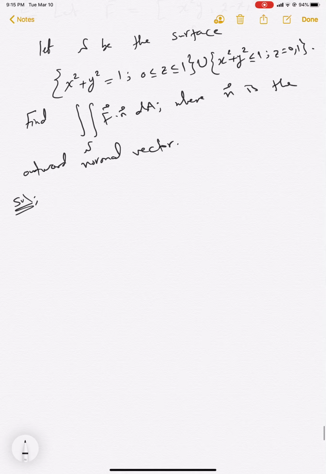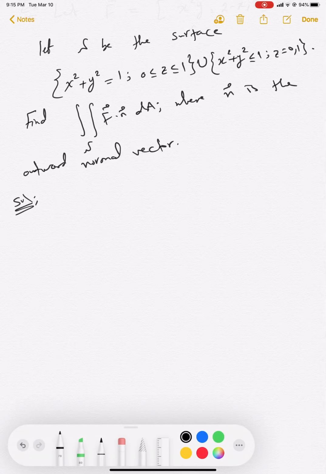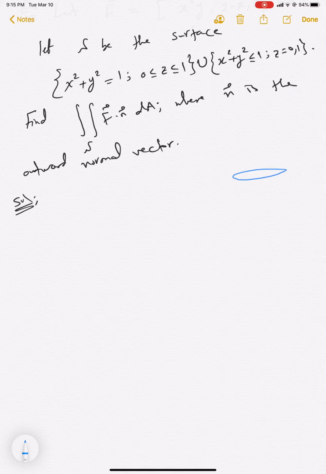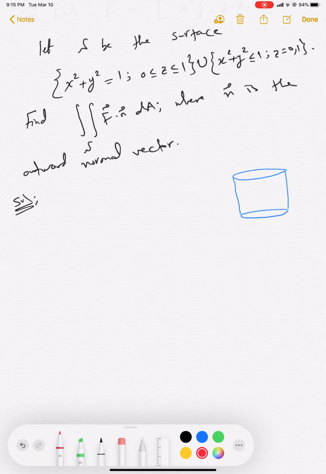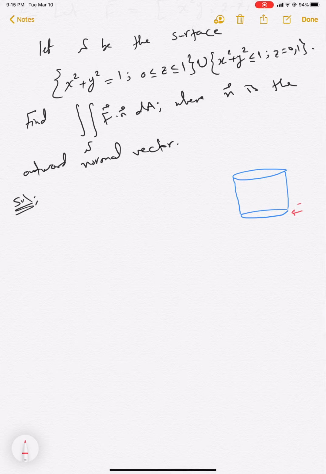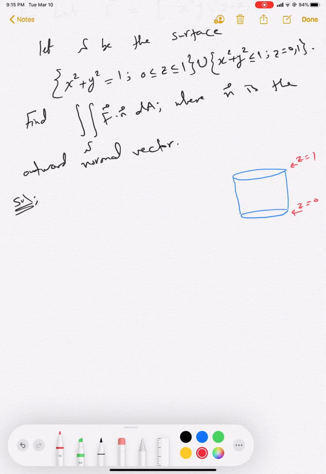The first thing, we need to understand our surface. What is our surface? X squared plus y squared equals 1. That's a circle in R2, but we're dealing with R3. So that means we're dealing with a cylinder by extending the circle. And this is not an infinite cylinder, because we are given that z is from 0 to 1. So this is the first part of the surface.